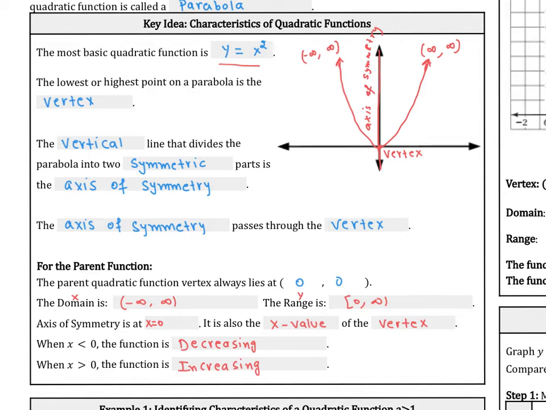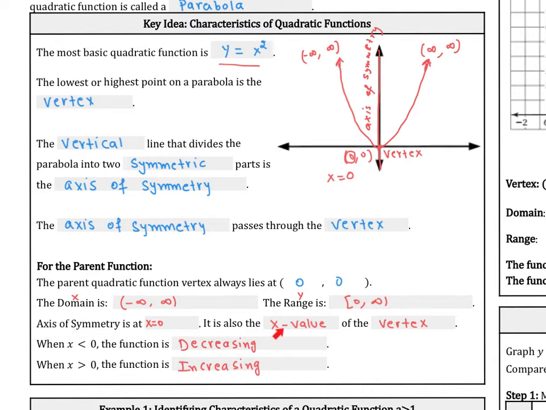Axis of symmetry is at x equals 0. This is the y-axis line, and the y-axis line is always the x equals 0 line. So the axis of symmetry is always a vertical line, and that is always x equals the x coordinate of the vertex. So the axis of symmetry is at x equals 0.